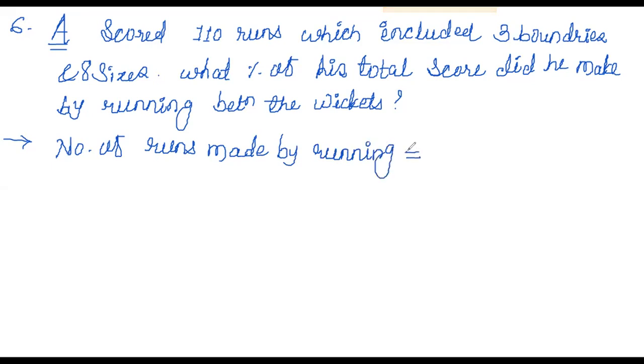How are we calculating it? Out of that 110, we are deducting those runs. So it will be 3 into 4, as 3 boundaries are there and 8 sixes are there.